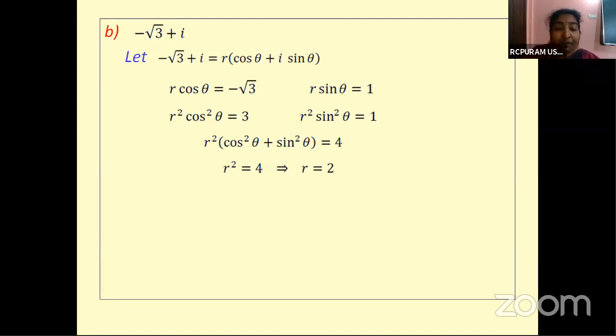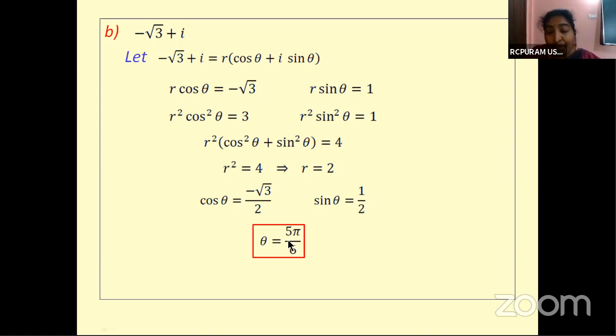When r is equal to 2, cos theta is nothing but minus root 3 by 2 and sin theta is equal to 1 by 2. Then the theta you take is 5 pi by 6. Just observe this. The same values you may get many number of times because cos theta and sin theta are periodic. I'm mentioning this point again and again. Since the trigonometric functions are periodic, we are taking only the principal amplitude.